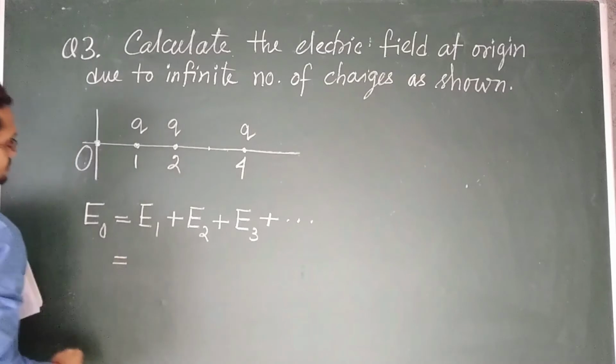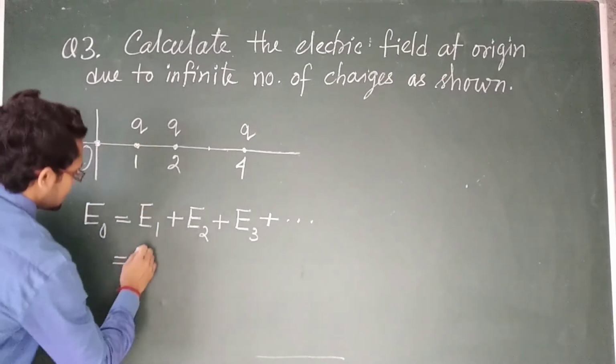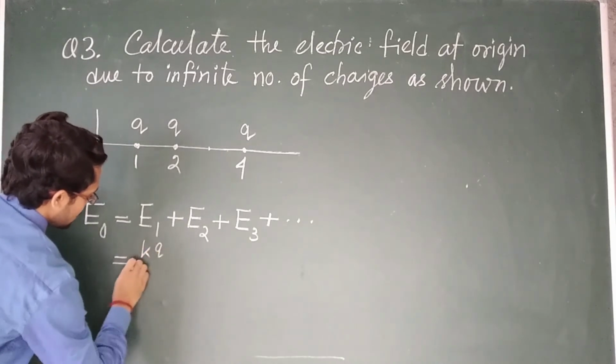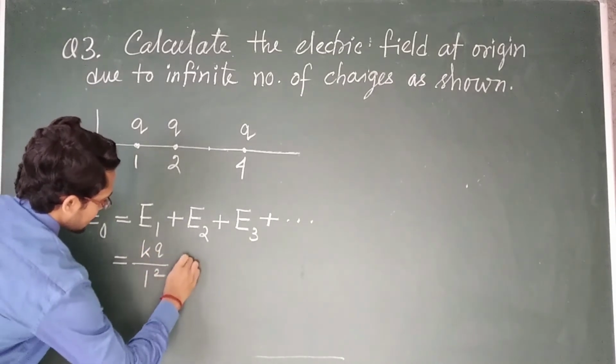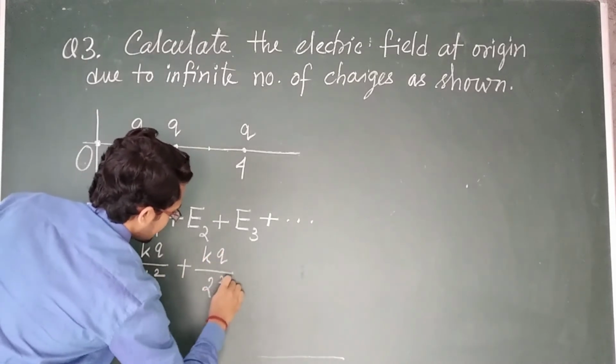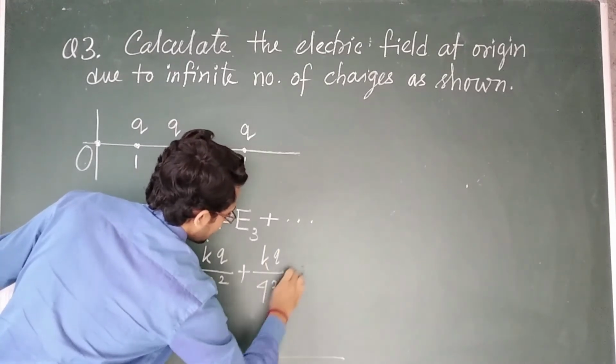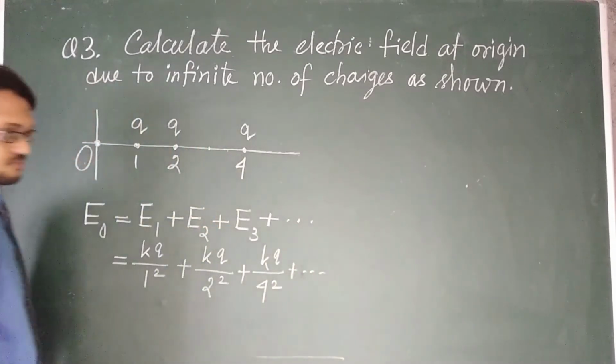E1, the electric field at O due to the first charge, is K Q by R square, meaning 1 square, then K Q by 2 square, then K Q by 4 square, plus dot dot dot.